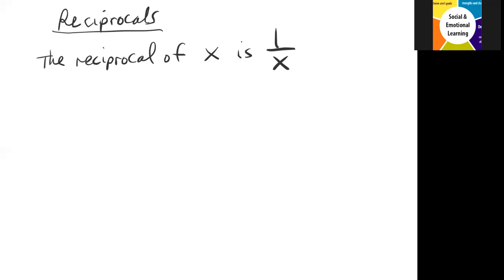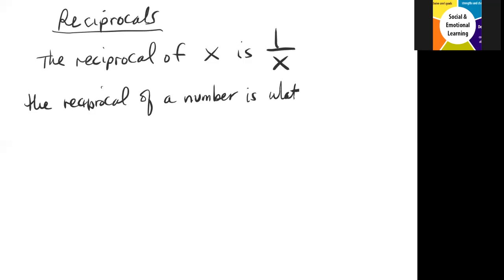And I'm going to write the reciprocal of a number is what you need to multiply by to get 1.